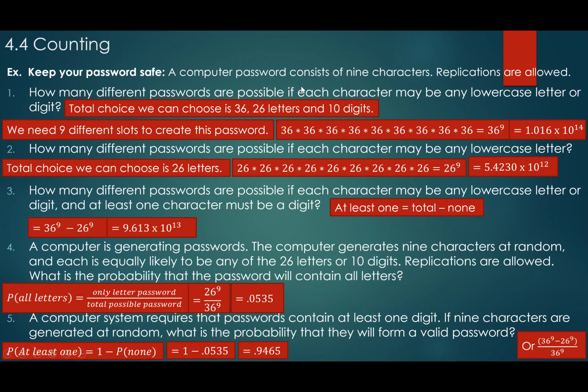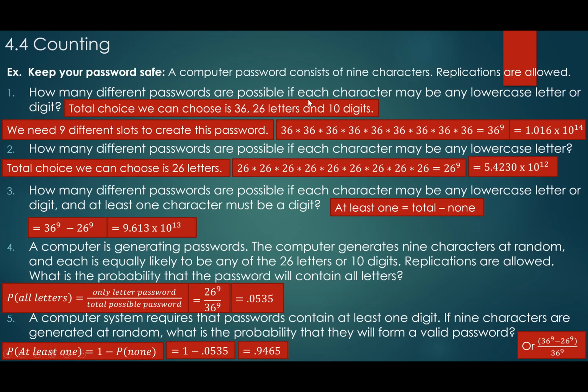From A to Z, if you remember the license plates yesterday, you have A to Z, which is 26 letters. And the digits from 0 to 9, there are 10 single digits. You add the letters and the digits together, and that's where you get the 36.